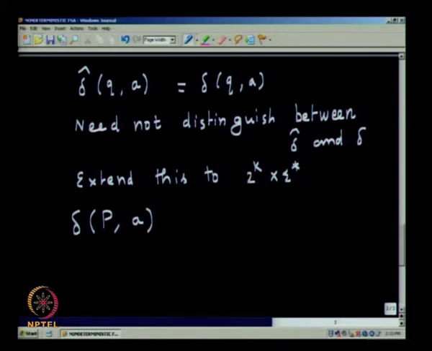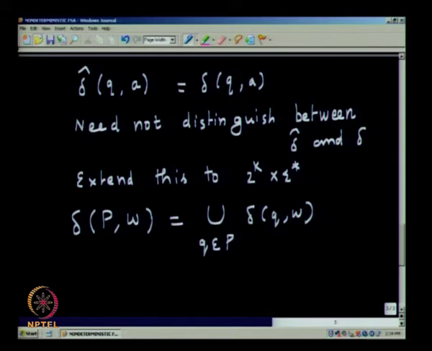Since we need not distinguish between delta and delta cap, I will rather put it as delta of P, w, where P is a set of states, is the union over q belonging to P of delta of q, w.